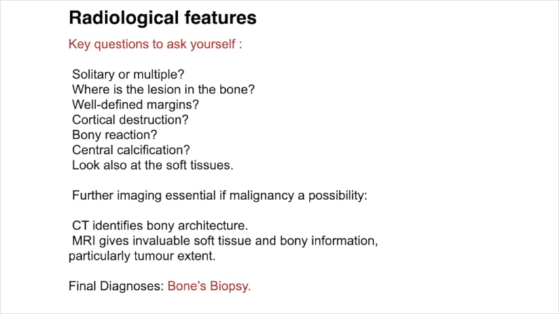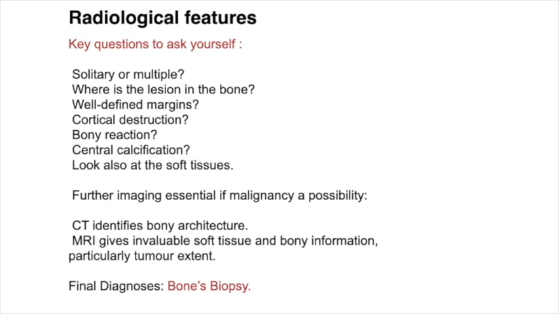Now you always have to think, sometimes it is very difficult to make the difference between benign and malignant. So always refer to the images as likely malignant or likely benign, because we never have the full diagnosis until we get the biopsy of the bones.